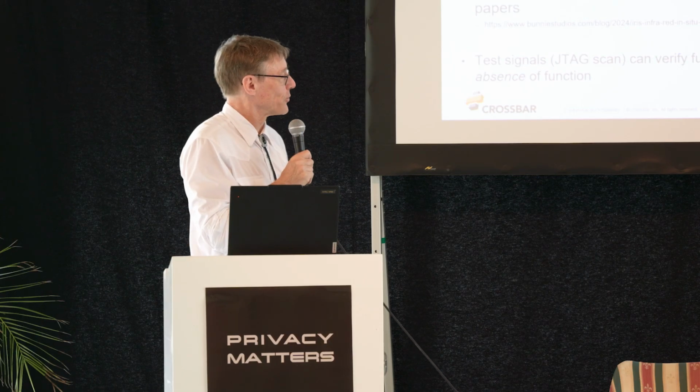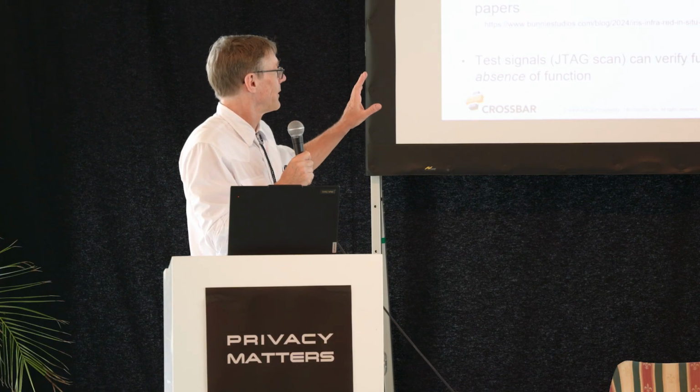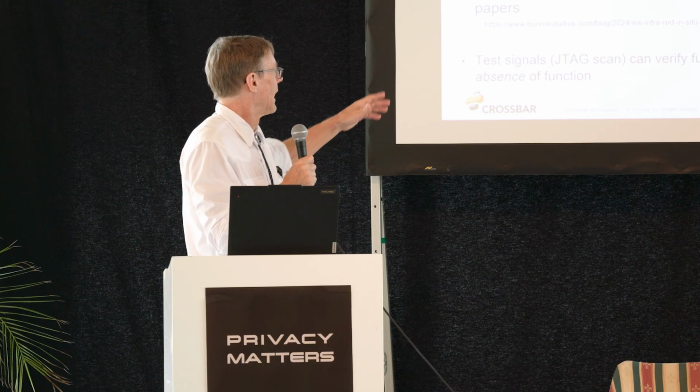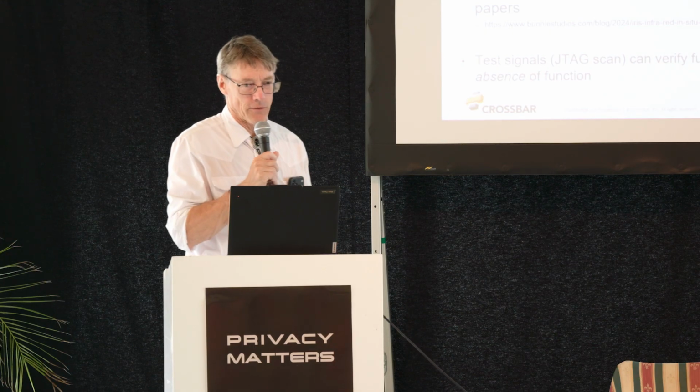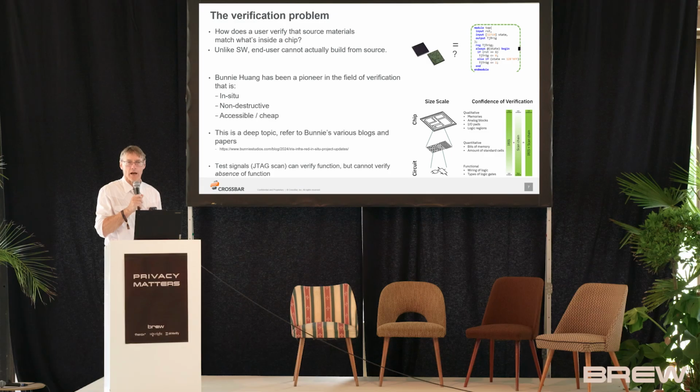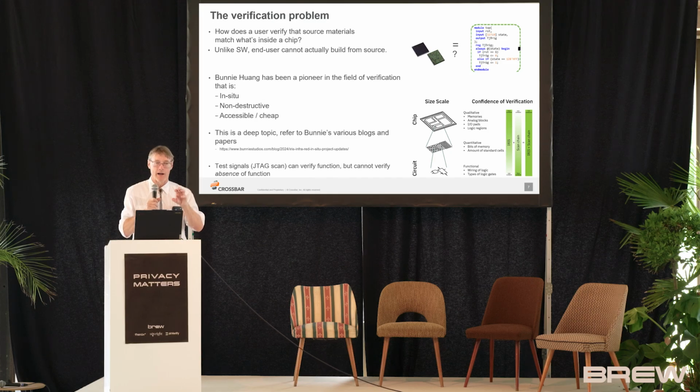Some of these pictures are from his blog post. I put in a link to his blog post here. I don't know if the slides will be public, but you can look up Bunny Huang iris inspection and find all the materials. He's done a lot of writing on this. I can't go in depth into everything. But the idea is that there are test structures that can verify kind of the detailed presence of certain circuits.